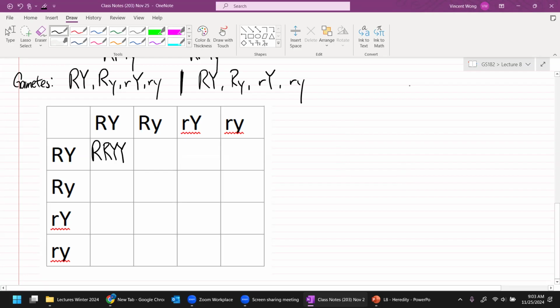Yeah, but the R's are together, Y together. Big R, and big Y, big Y. Capital always. Stand out.